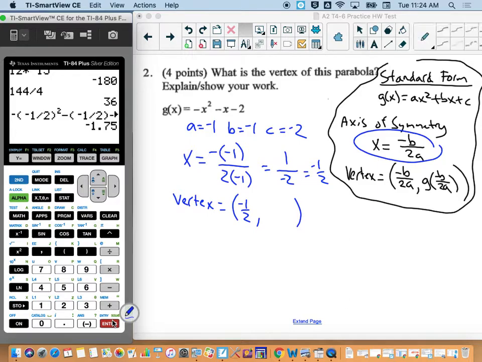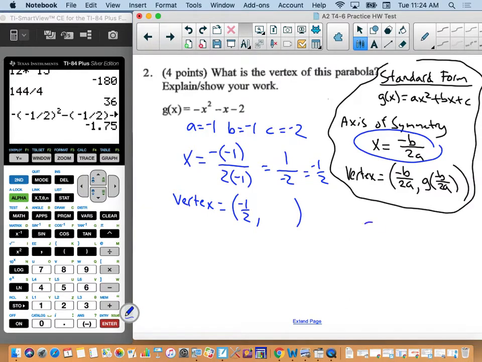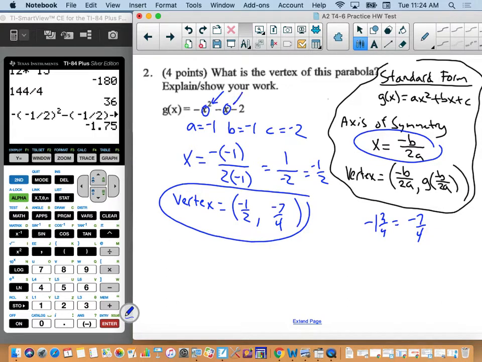So negative 1.75 is negative 1 3/4, which is negative 7/4. All I did was plug in the negative 1/2 for these two values and calculate it. Another way to say that is g of negative 1/2 is negative 7/4. When you put negative 1/2 in, you get negative 7/4 out, or negative 1.75.